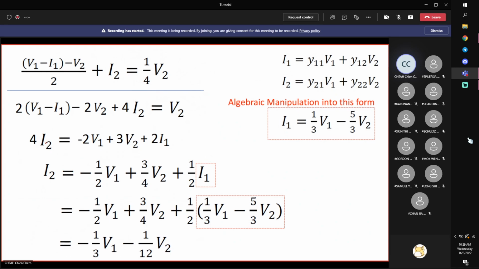So here I divide the equation by 4. Then I substitute this into here, so that everything is in terms of only V1 and V2. Then I group the coefficients of V1 together, group the coefficients of V2 together. I get this form. I2 is now expressed in terms of V1 and V2 only.